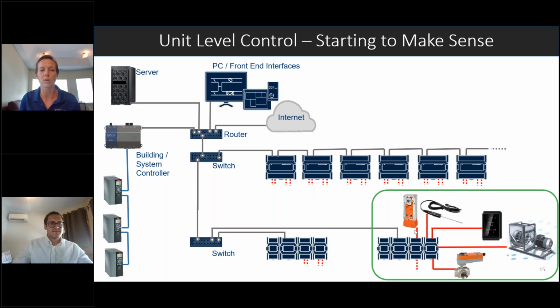Oftentimes there are also internal sensors that will be wired from the factory, in which case all the controls contractor has to do is bring one cable, like a Cat5 or Cat6 cable if it comes with that BACnet IP connection, or if it comes with an MSTP connection, then you're bringing just one connection and you're done.